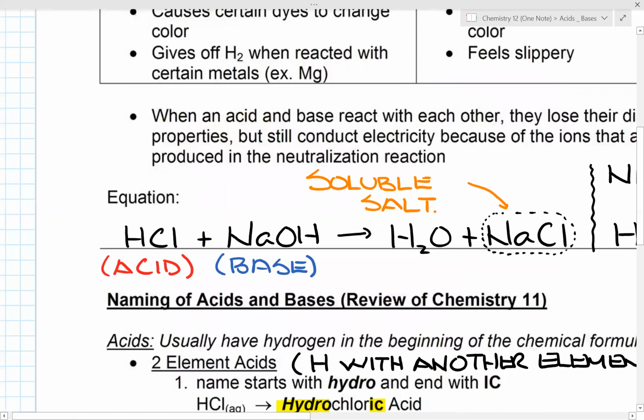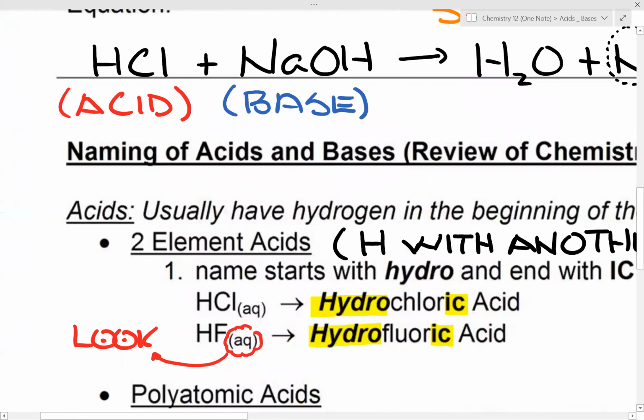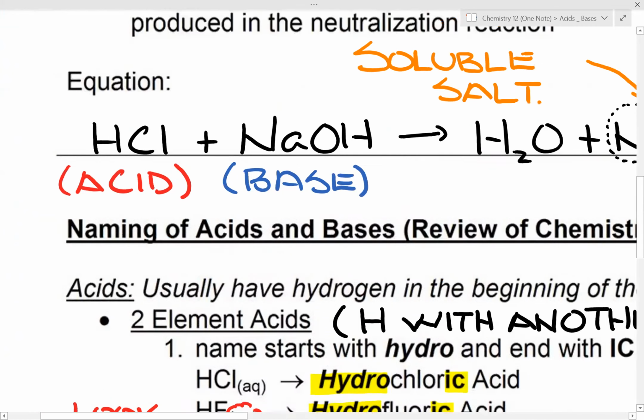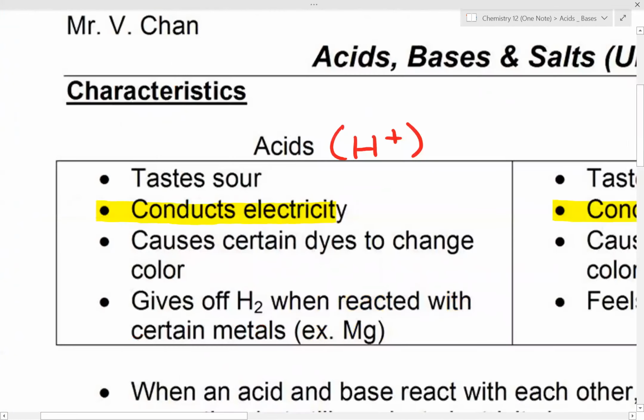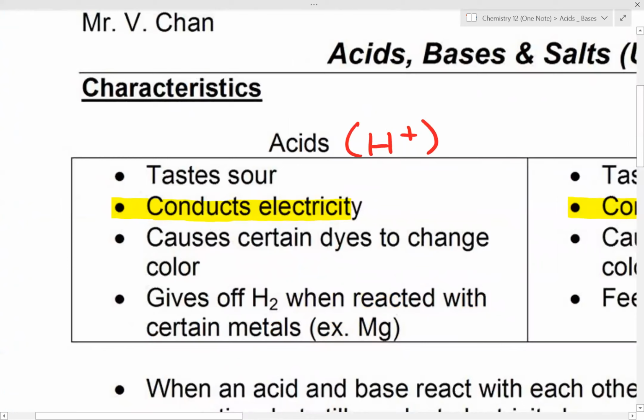If they are not dissolved in water, these characteristics don't exist. So when you're talking about acids, you need to put the symbol AQ, which means it's dissolved in water, before it will have these characteristics.